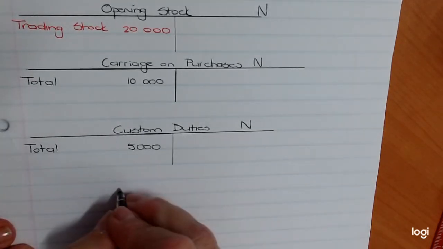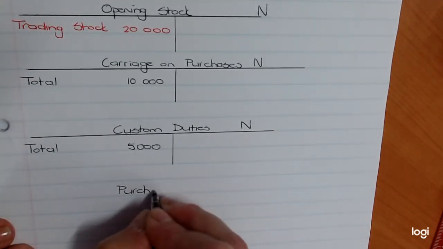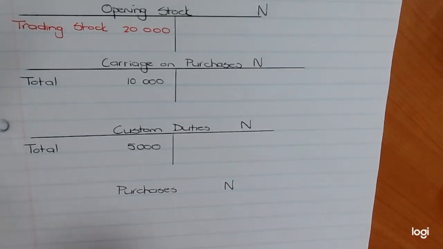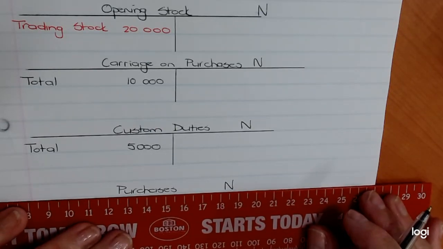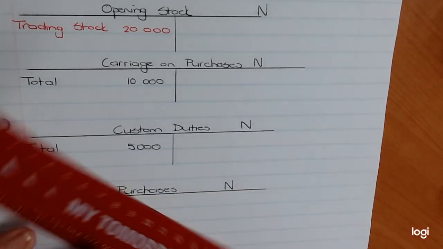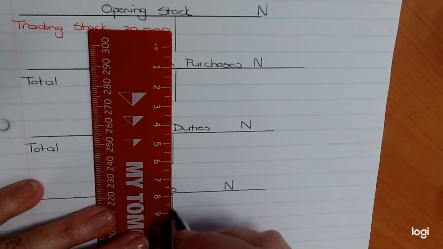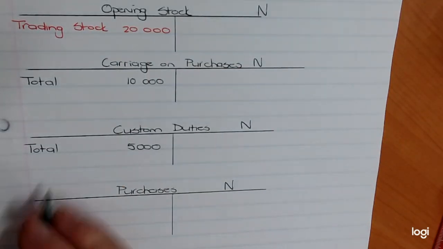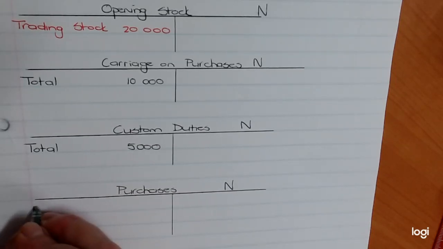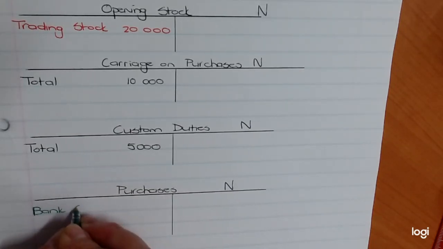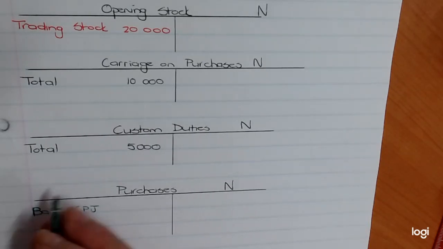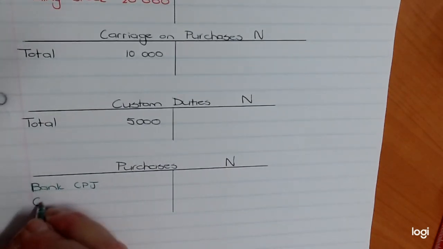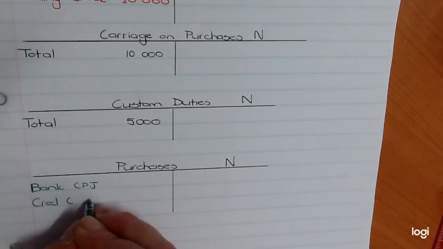Then there's another new account, and that's the purchases account. And the purchases account is a nominal account, and it is taking the place of the trading stock, but it's not a balance sheet account. It's not an asset account. And in this account, we will have the cash purchases. We will have the credit purchases. I'm just going to abbreviate to save time. The creditors control.